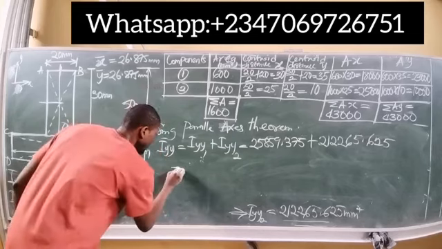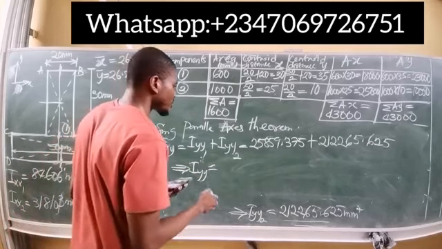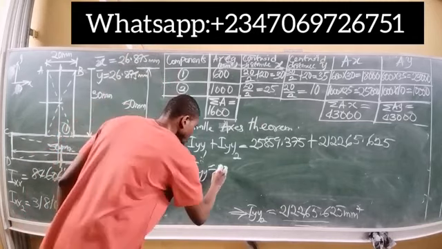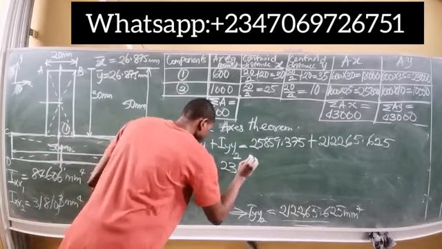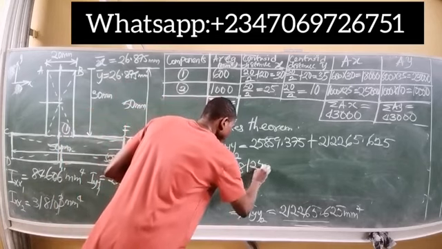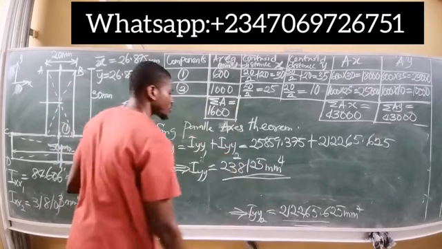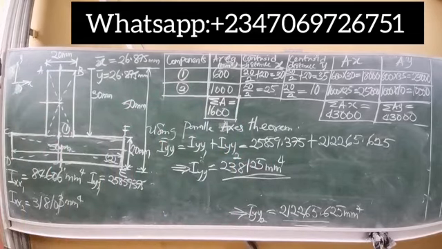So this implies that the moment of inertia about the y-axis is equal to 238,125 millimeter to the fourth.